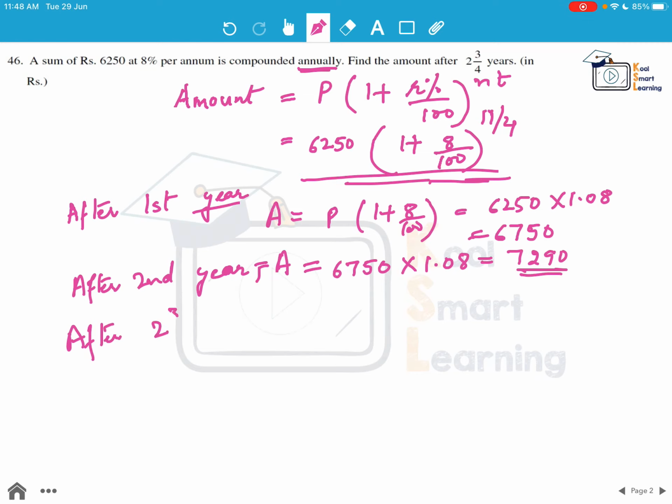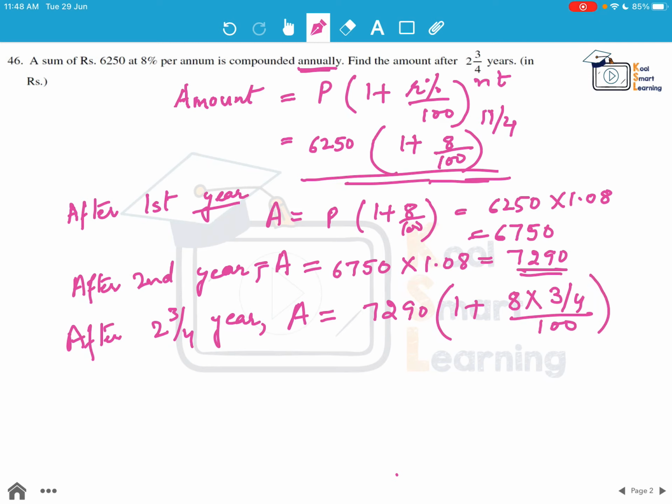Now after 2 3/4 year, so this means another 3/4 year has to be taken into account. For this third year, the principal becomes 7290 into 1 plus r is 8 into t here is 3/4 by 100. So this becomes 7290 into 1.06 and this comes out to be 7727.4 rupees.